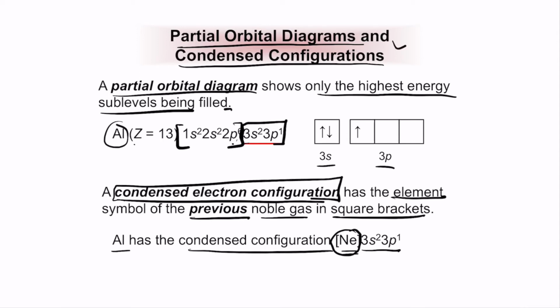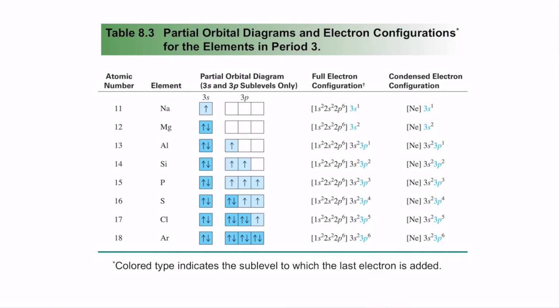These reduce the amount of work needed in understanding the orbital diagrams, and that's the reason why we write both of them. Here is a diagram that shows the partial orbital diagram, the full electronic configuration and the condensed electronic configuration for the elements with atomic numbers from 11 to 18. Notice that we are only writing the part that is unfilled: the first part is neon, and then we write the rest, which is unfilled.